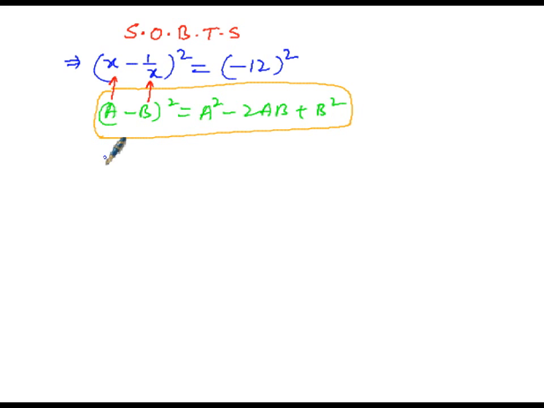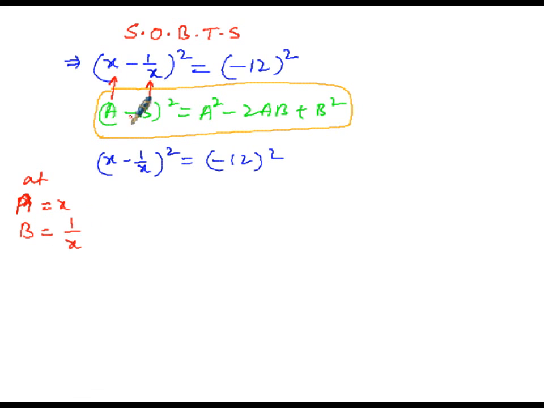So here, x minus 1 by x whole square is equal to minus 12 whole square. By comparing, a must be replaced by x and b must be replaced by only 1 by x, because a minus sign is a minus sign here. So by utilizing this, we can expand.